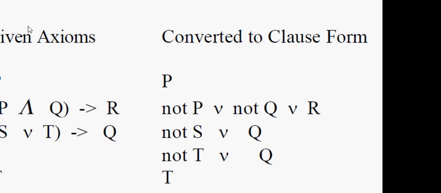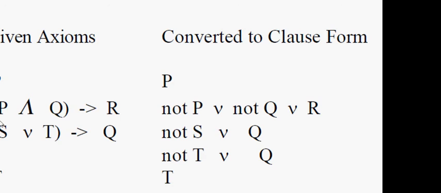We have been given four axioms: P, P and Q implies R, S or T implies Q, and T. Here we are going to prove that R is true. Now first you have to convert it into clause form. So P, we need not convert it into clause form, it will be directly P. But P and Q implies R has an implication here.